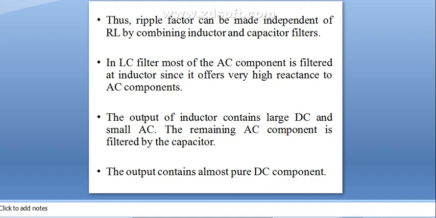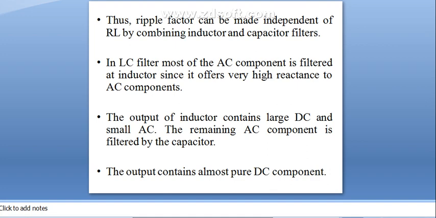The output of the inductor contains large DC and small AC. The remaining small AC component is filtered by the capacitor, so the output contains almost pure DC component.